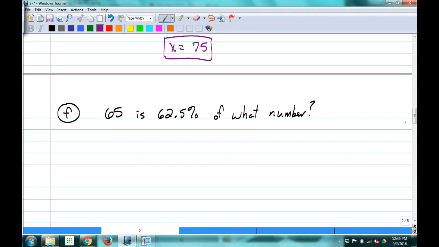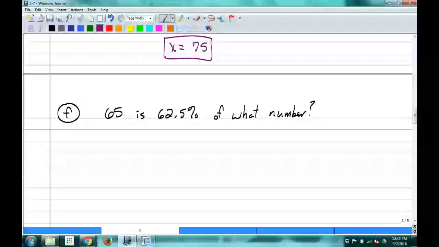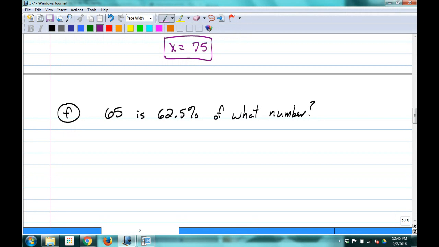Sometimes they turn it around a little bit and they say it a different way, and they say 65 is 62.5% of what number? Okay, so they've turned it around, but we still just need to remember is over of equals percent over 100.